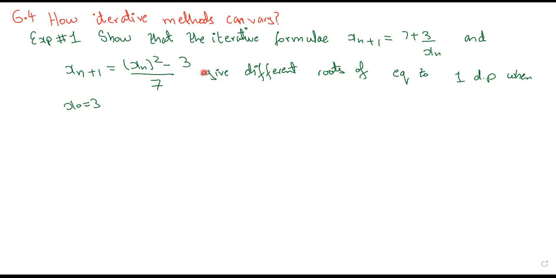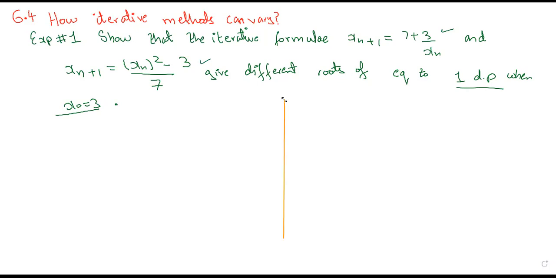What we need to show is that using these two different iterative formulas gives different roots of the equation from the first part, to one decimal place, when x naught is equal to 3. Again, it is given. We will first use this and then this to show that we are getting two different roots of x.